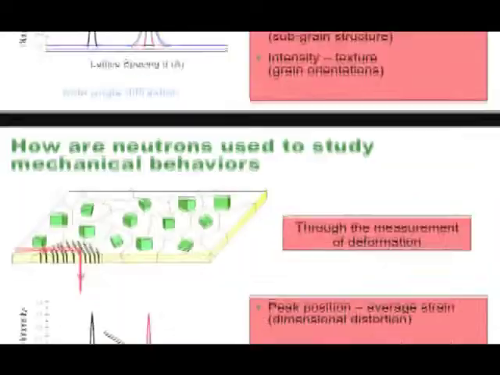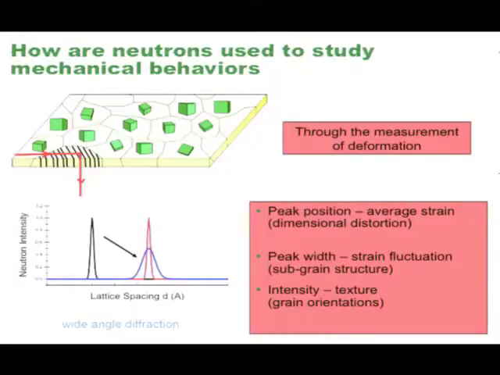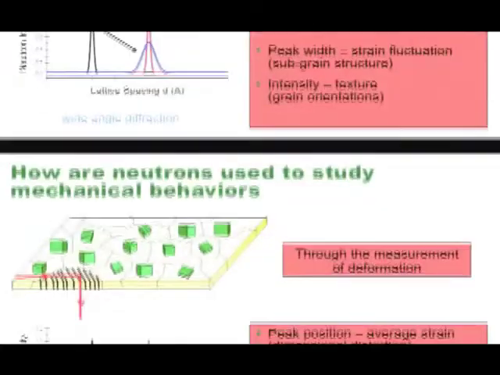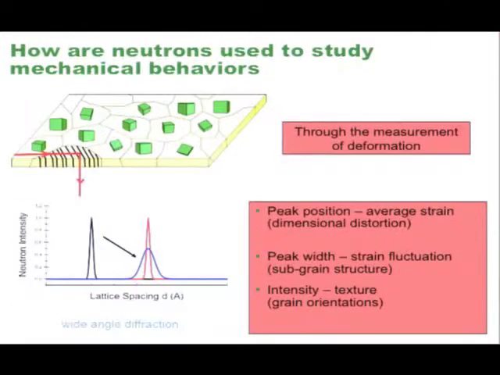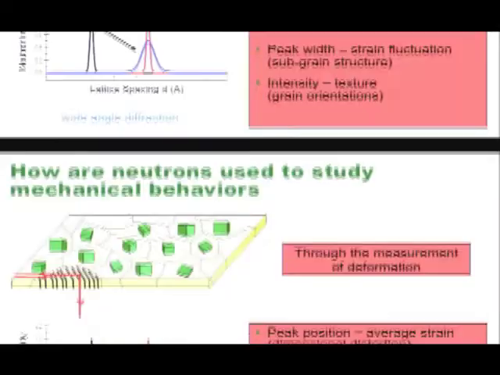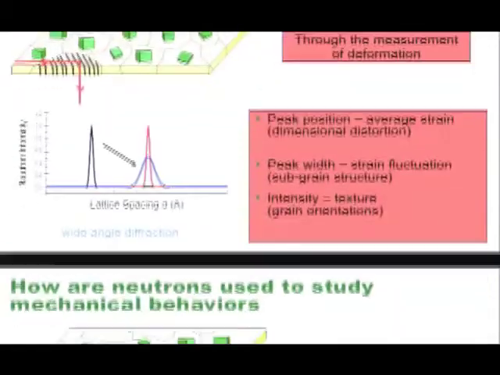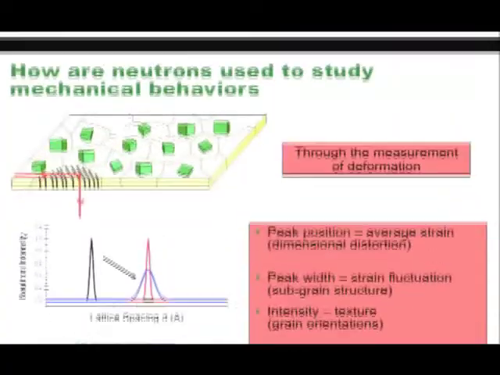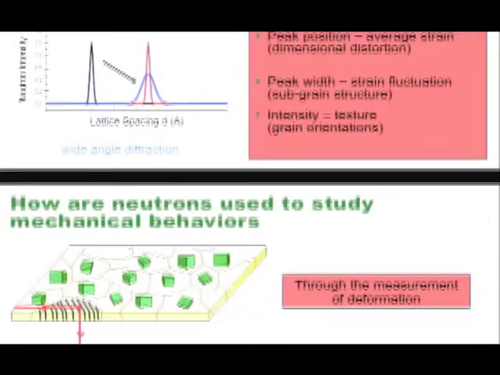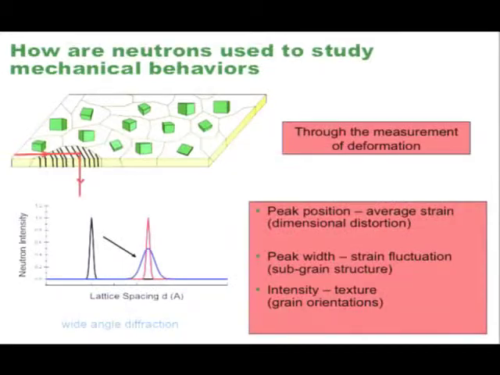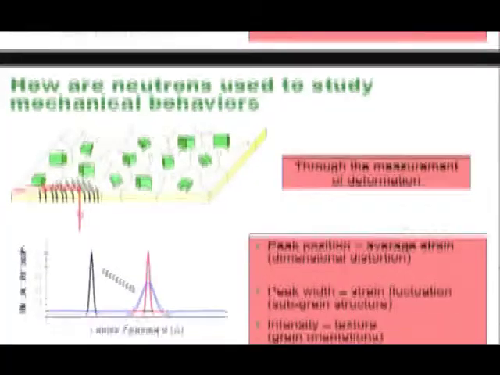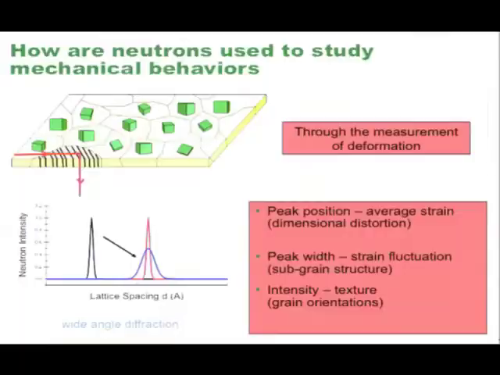And if you analyze the intensity change of the diffraction peak, you can get a sense of the preferred orientation or texture of the material. We just heard a couple of talks this morning on this subject. So the way you study deformation is really looking at the systematic change of a diffraction peak.